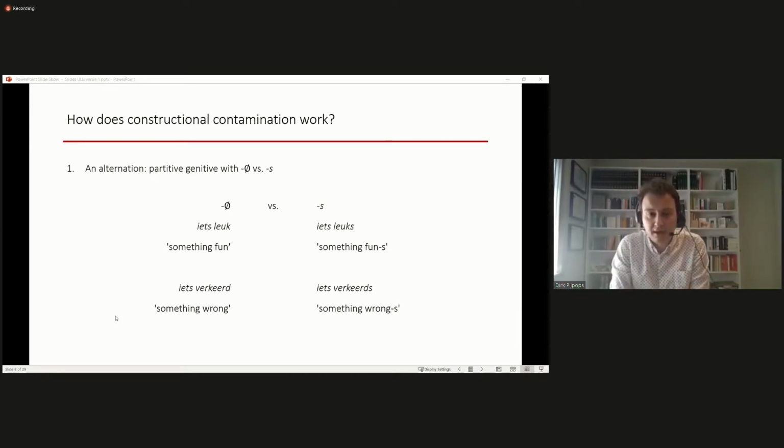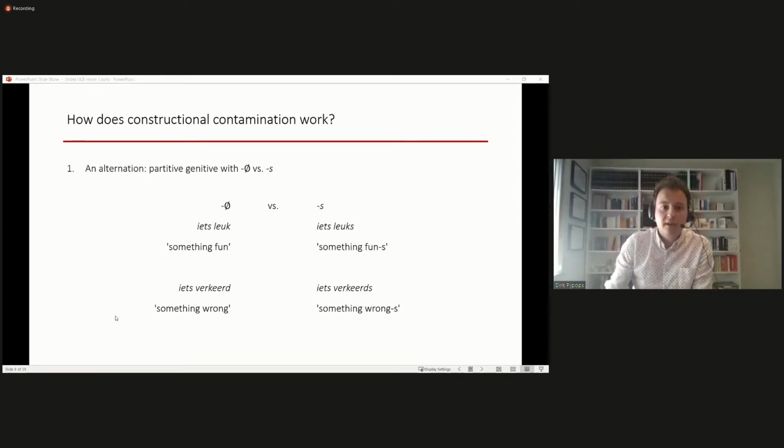The construction runs entirely parallel in English. Now, the fun thing about this construction in Dutch, however, is that it appears both in a variant without an S ending and a variant with an S ending. So you can have both iets leuk and iets leuks, both meaning something fun, or iets verkeerd and iets verkeerds, both meaning something wrong. So no meaning difference or anything. All right, so that's step one.